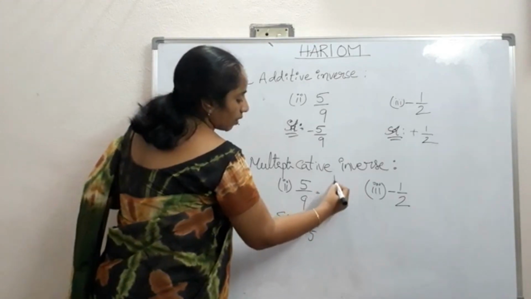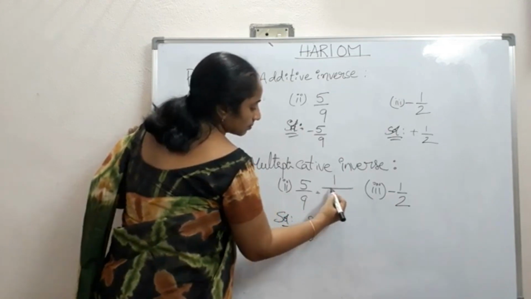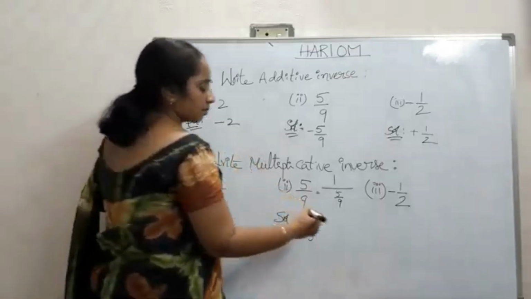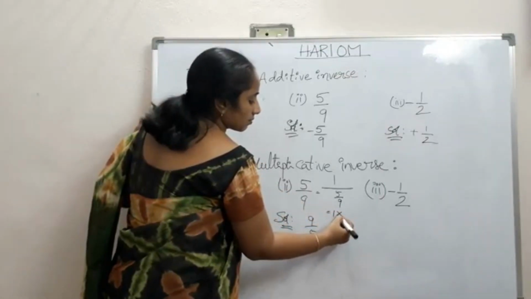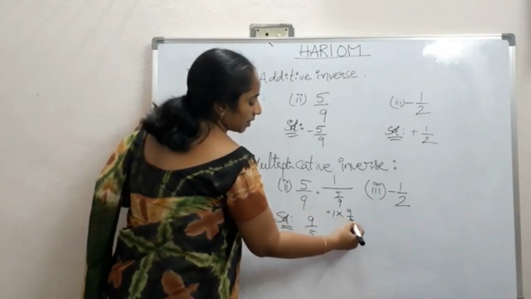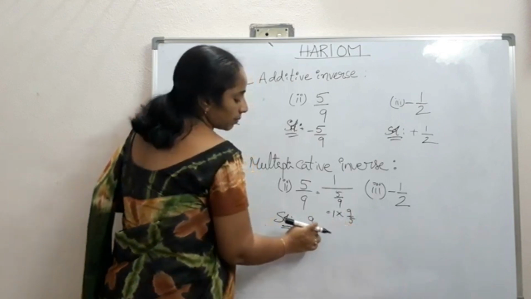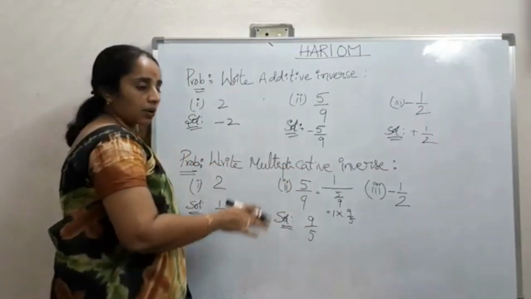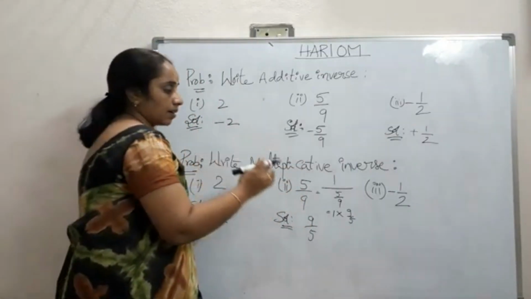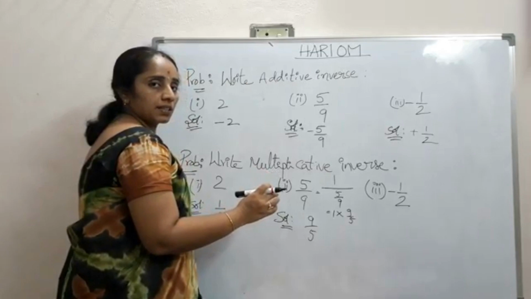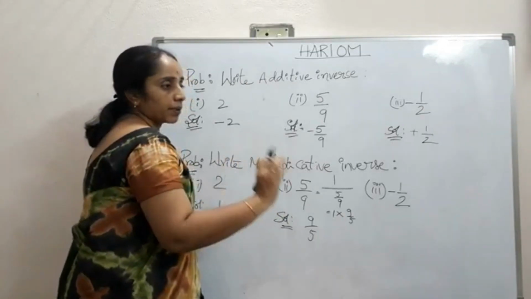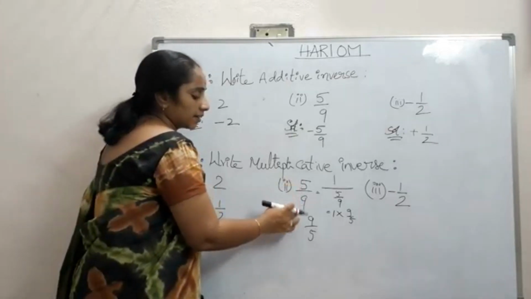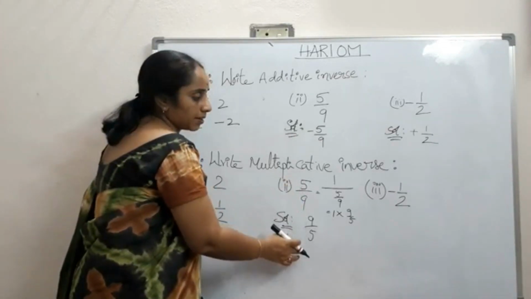Because if we simplify 1 by 5 by 9, its simplified form becomes 1 into 9 by 5, which is 9 by 5. No change in its sign. The multiplicative inverse meaning is, if it is A, then 1 by A. It is 5 by 9, its multiplicative inverse is 9 by 5.